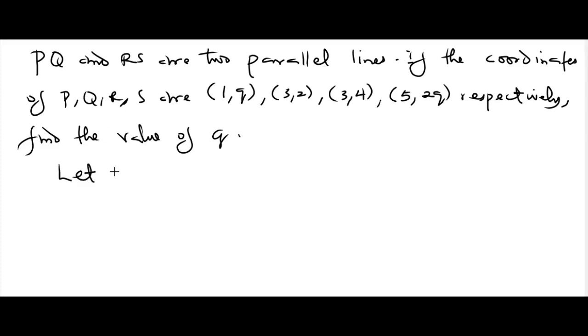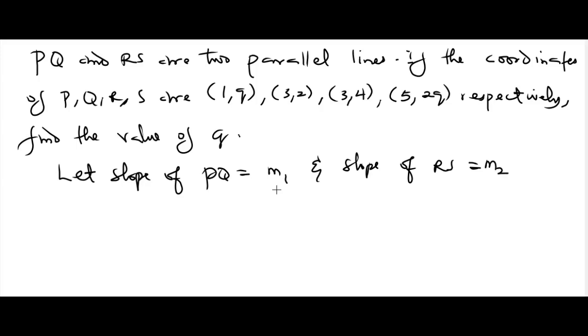So let the slope of PQ be m1 and the slope of RS be m2. Okay, so let's find the slope of PQ. That's (y2 - y1) over (x2 - x1).